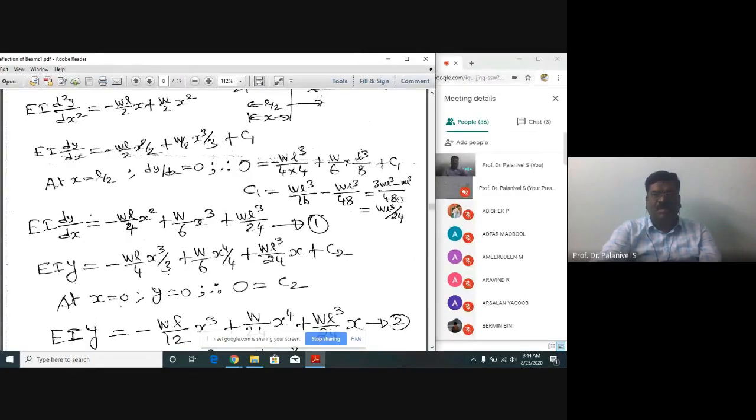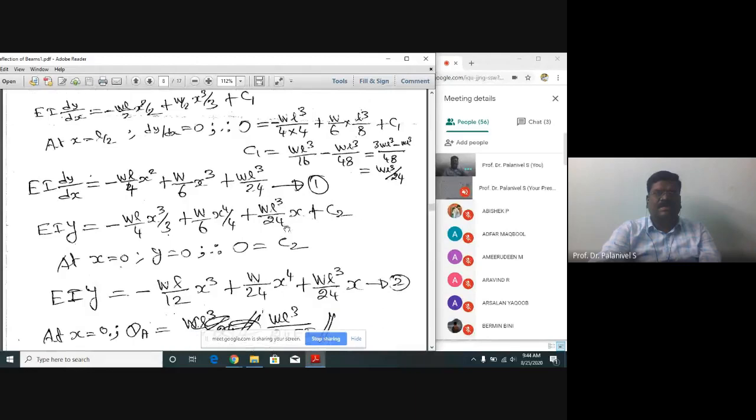You determine the C1 value and substitute here, so you will get minus WL by 4 into x square plus W by 6 into x cube plus what you have determined here, WL cube by 24. Equation 1, the slope equation. Now we have the slope equation. Using this, we can determine slope at any required point. Very good. Next, integrating again. You have to write here, integrating again.